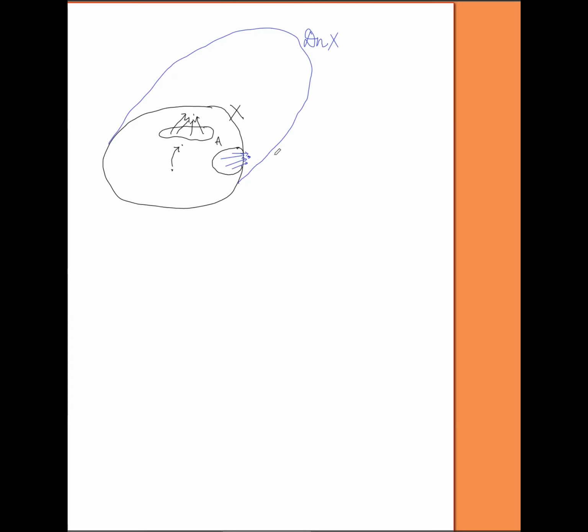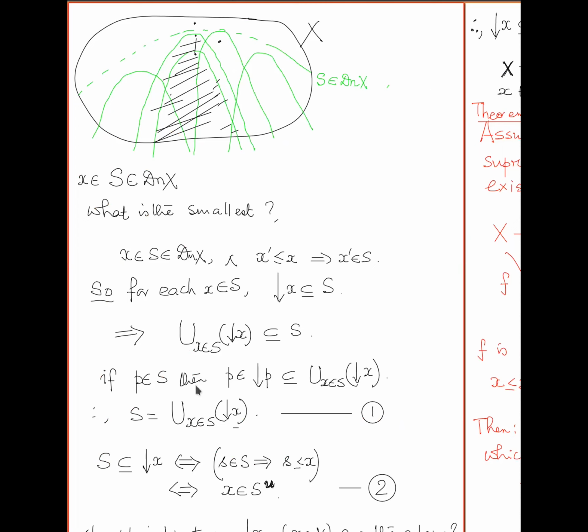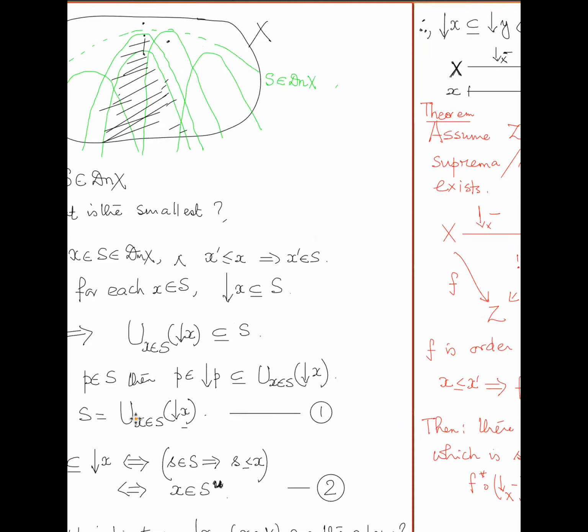Certain suprema might not have existed, but when I embed it inside down X, I can find its suprema inside down X. Okay, so that's the first thing. That's exactly the essence of this equation 1. It says that certain suprema may not have existed within X, but now exist within down X.